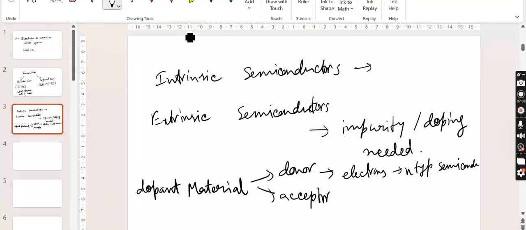And when the dopant material is an acceptor, the principal charge carriers are holes, and the semiconductor is called a P-type semiconductor.